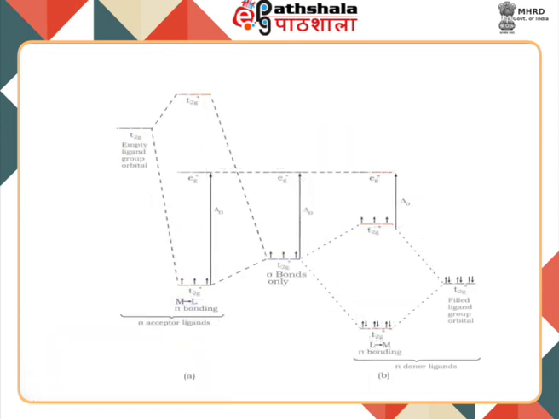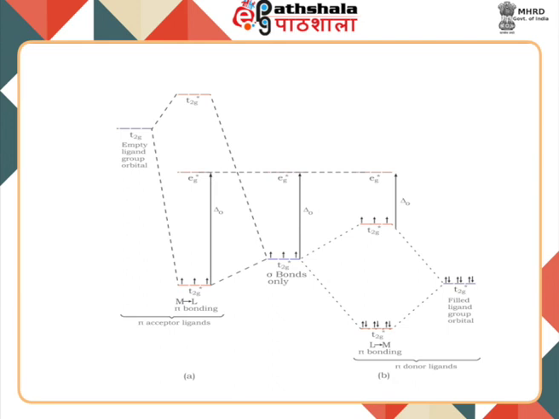Ligand to metal pi bonding usually decreases the stability of the complex, which then favors high spin configuration, and in case of metal to ligand back donation, the pi back bonding leads to an increase in the stability of the complex, which then favors low spin arrangement.